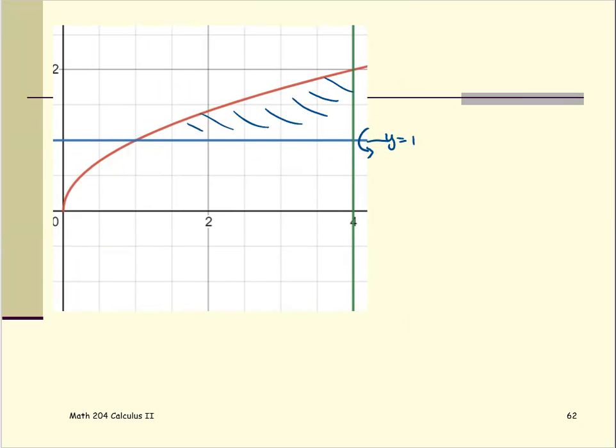So when you rotate, you see the region is sitting on top of the axis of revolution. When you rotate, you're going to get something almost like a cone shape, but it's kind of curved because it's based on the curve y equals square root x.